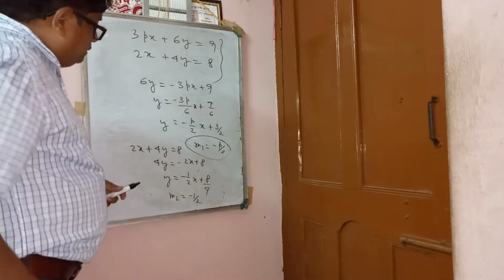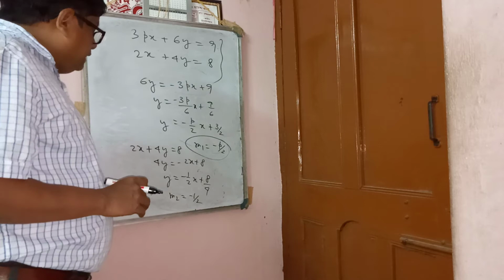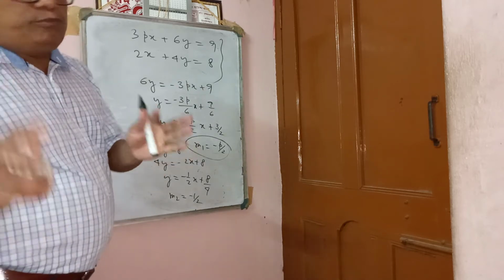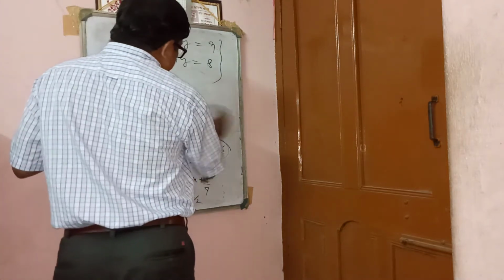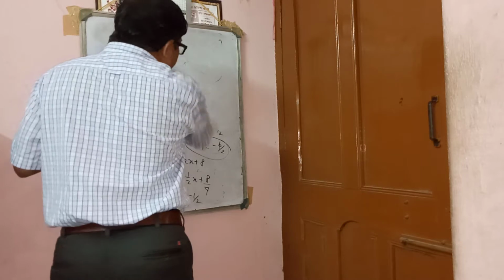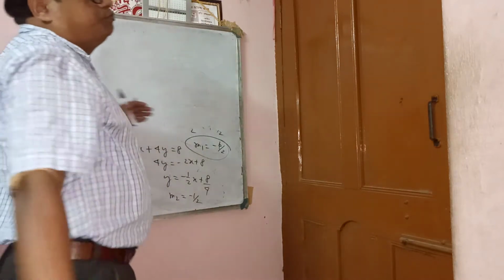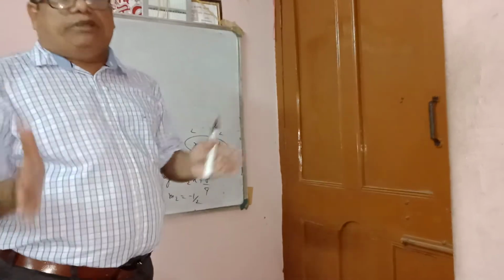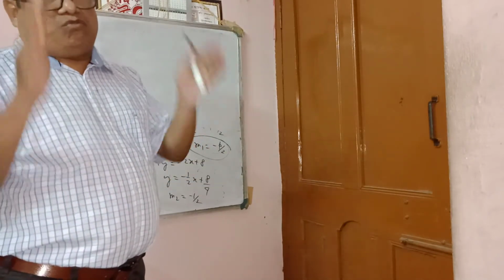Since the lines are perpendicular, so you can write here m1 m2 equal to minus 1. Keep in mind, for perpendicular lines we can prove, you should always remember m1 m2 equal to minus 1.